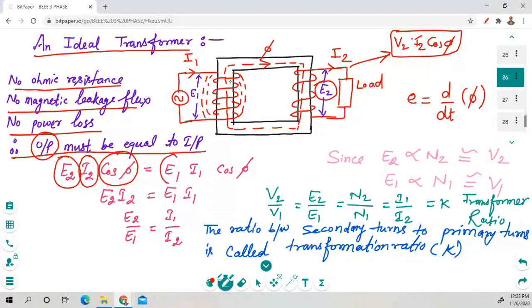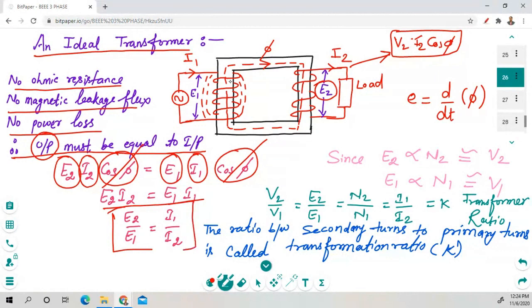Okay, we have to equate output and input side both. When you equate these terms, the equal terms cancel out. So this cos phi is going to cancel out, and E2 into I2 is equal to E1 into I1, and from here you can derive the equation.